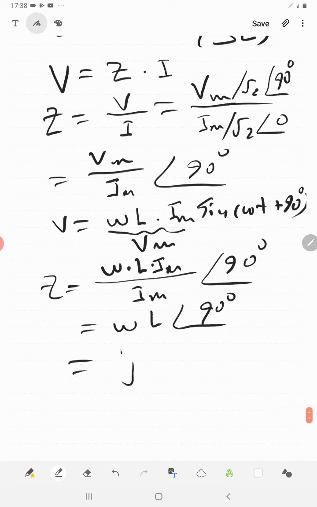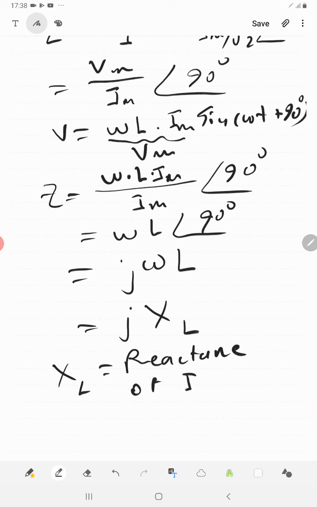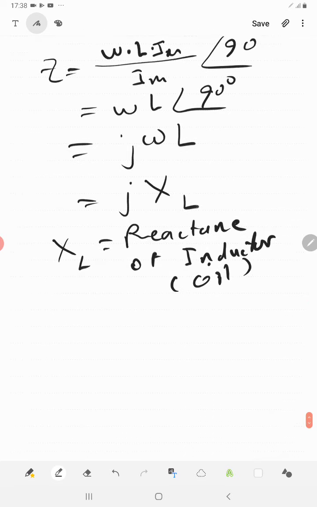We can say it's J omega L, because angle 90 degrees is J. We call it J XL, where XL equals reactance of inductor or coil. Units is ohms.